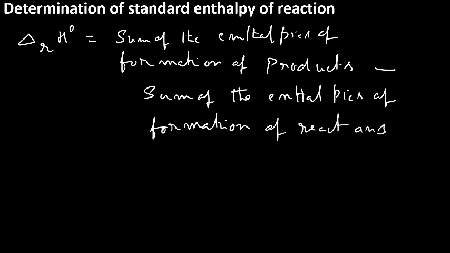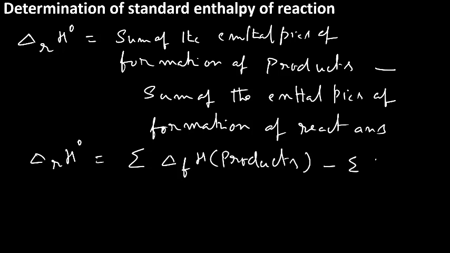This can be written as delta R H naught is equal to sigma, which represents sum, sigma delta H F of products minus sigma delta H F of reactants. Based on this we did problems in the previous modules.